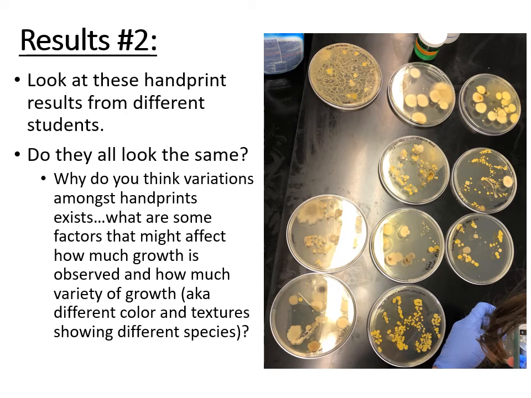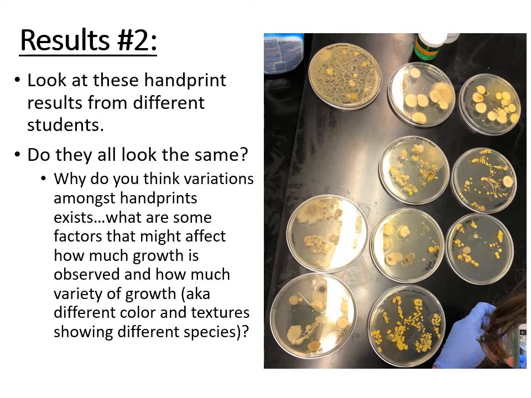Okay, so smooth, shiny, nice, defined little circles are usually bacteria, or in some cases yeast fungi, whereas fluffy and flower-like is mold. And we'll go over that more in lecture. And so in the post-lab, I'll have you analyze these results and why you think this may have happened, that not all handprints look the same.